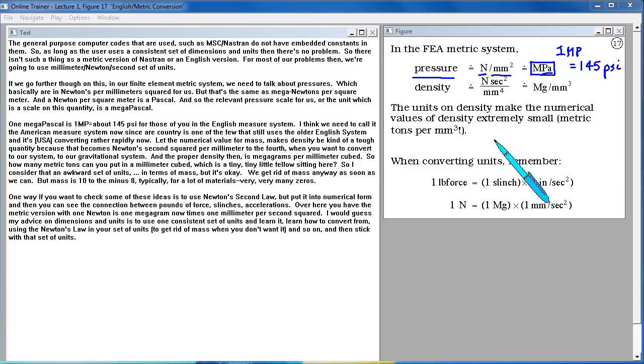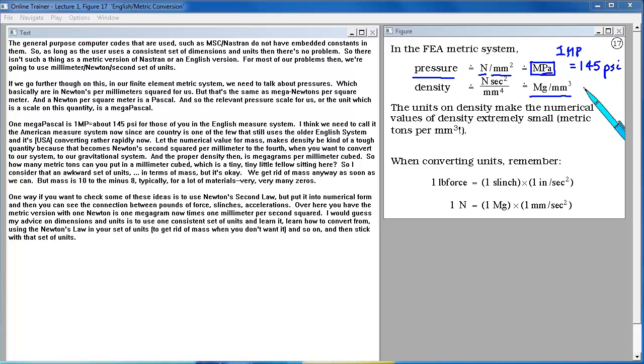But the numerical value for mass makes density a tough quantity, because that becomes newton seconds squared per millimeter to the fourth when you want to convert to our gravitational system. And the proper density then is megagrams per cubic millimeter.